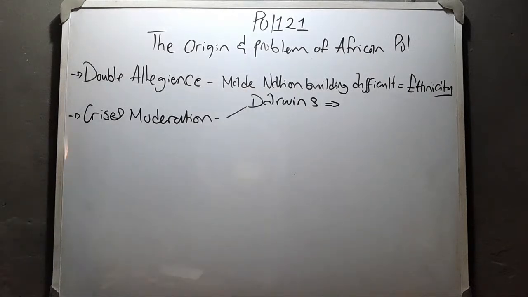Darwinism is a theory, Darwin's is the person, and it placed Africa at the bottom of the evolutionary ladder.